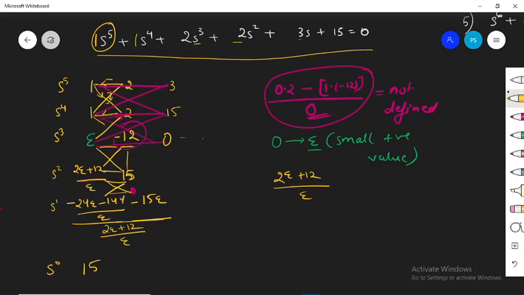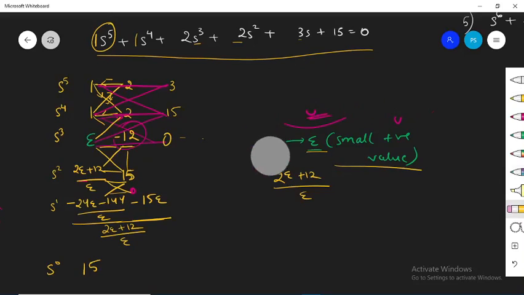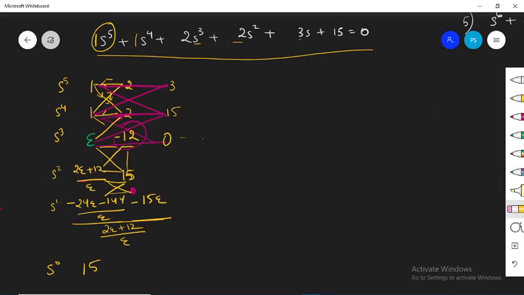Next step is, now you check. You had substituted epsilon as a small positive value, and you have got these terms over here. So what terms are you getting in the first column? I am writing the first column separately.